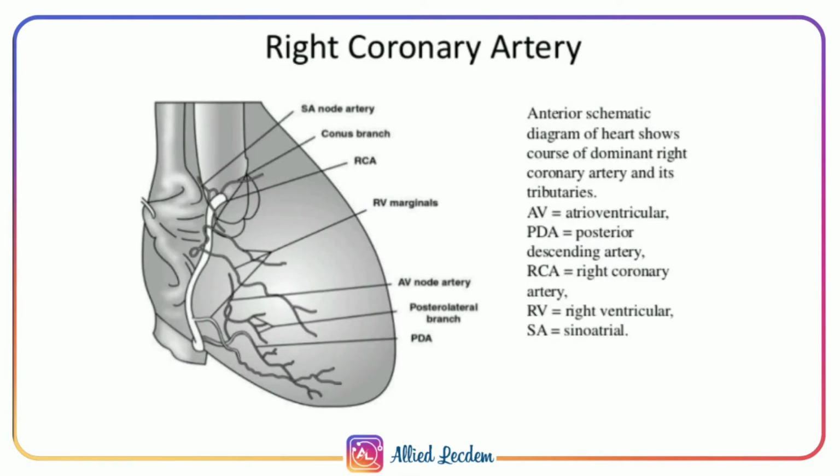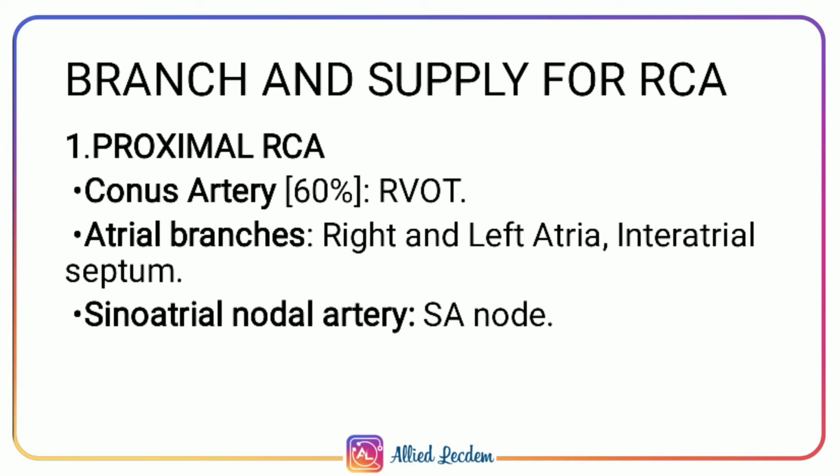The branches of RCA include the SA node artery, the conus branch, the RV marginals, the AV nodal artery, the posterolateral branch, and the PDA. The supply of these branches are as follows. This RCA is being divided into three: the proximal RCA, the mid RCA, and the distal RCA.